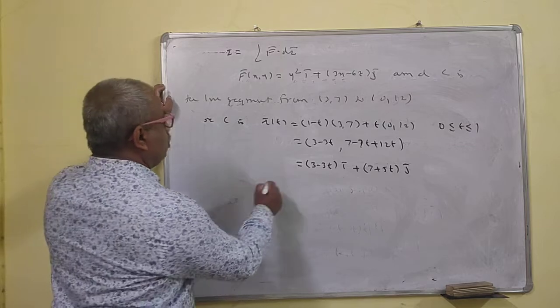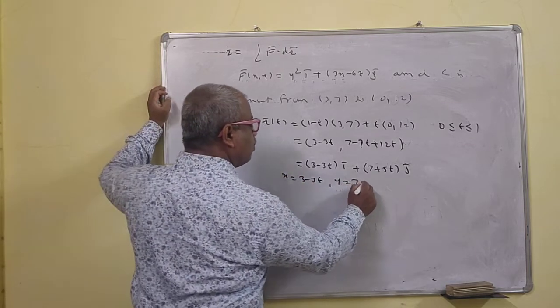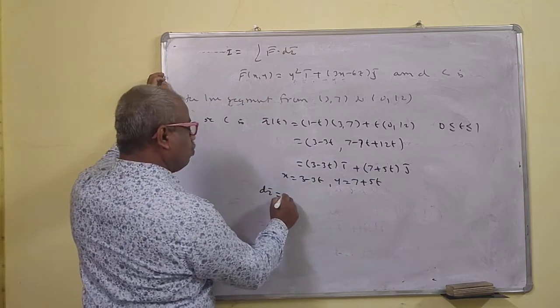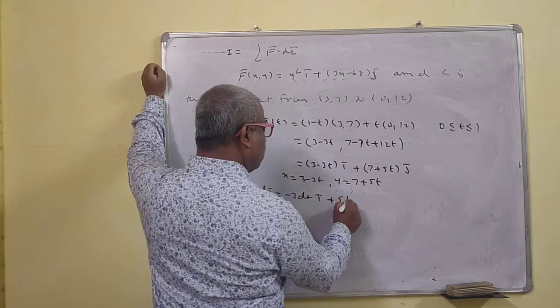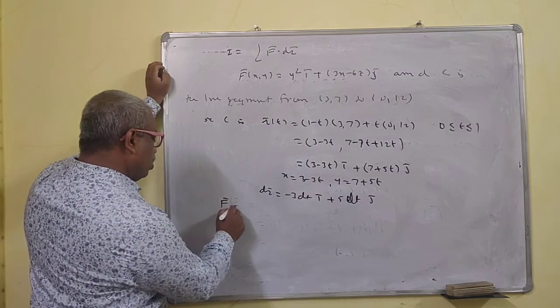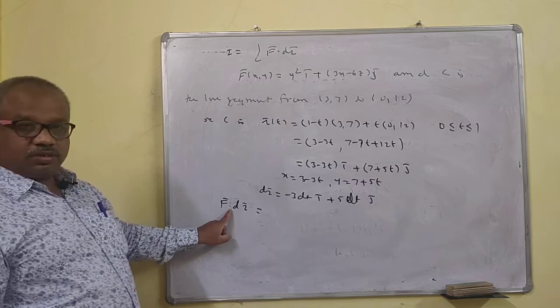Now x is 3 minus 3t, y is 7 plus 5t. So dr bar is equal to minus 3 dt i bar plus 5 dt j bar. So for F bar dot dr bar, you should write a dot here. This dot is very important.